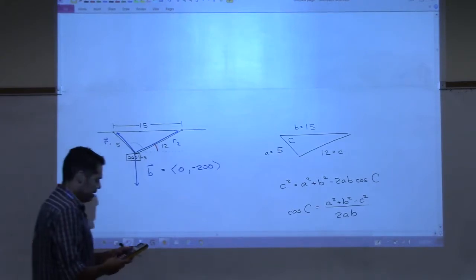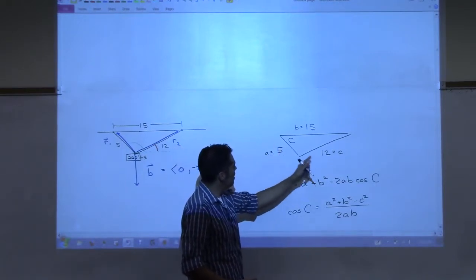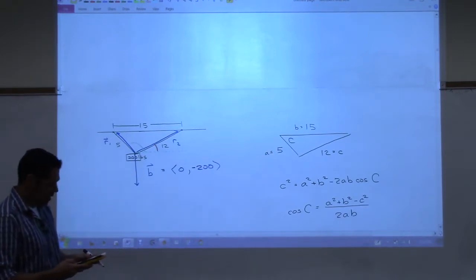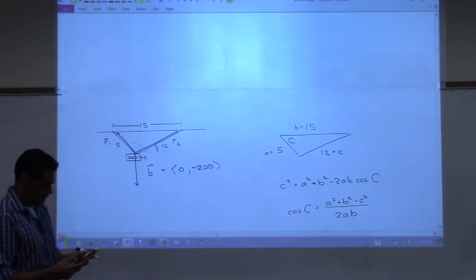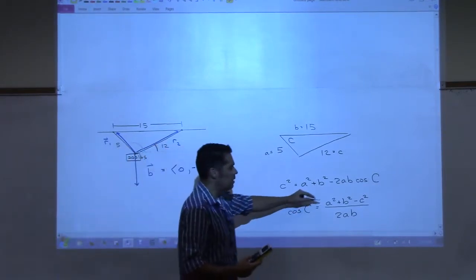And we're going to plug in for a 5, b is 15, and c is 12. So here we go. 5 squared plus 15 squared minus 12 squared. I get 106 up here.